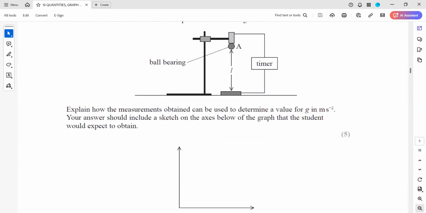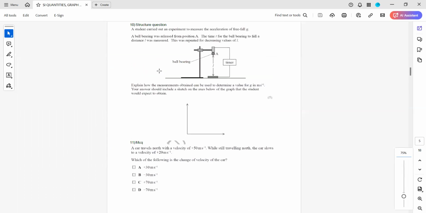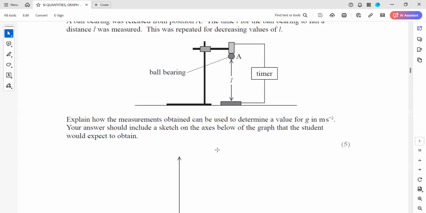Page 5, any doubt? Okay, in this one, question number 10.